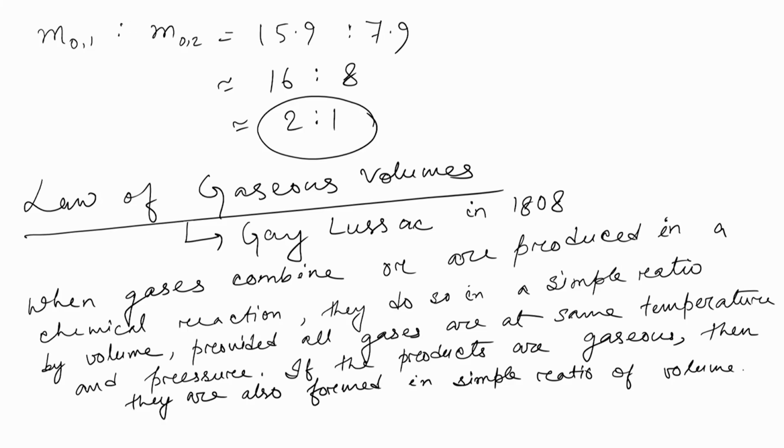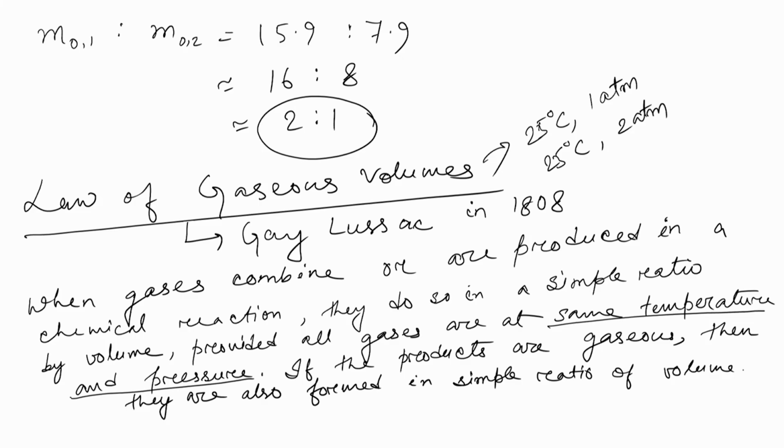Now here the very important factor is same temperature and pressure. We cannot measure, such as we are taking 25 degrees Celsius and 1 atm is one condition, and another condition is 25 degrees Celsius and 2 atm.